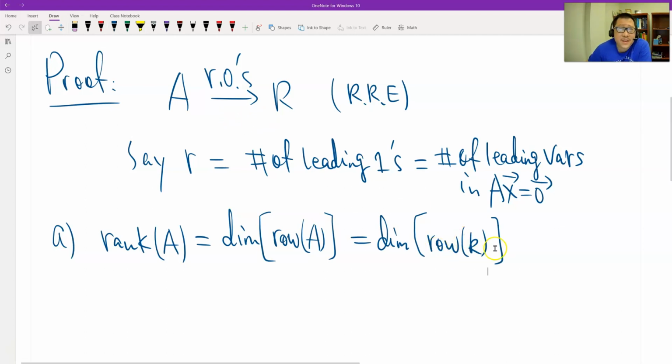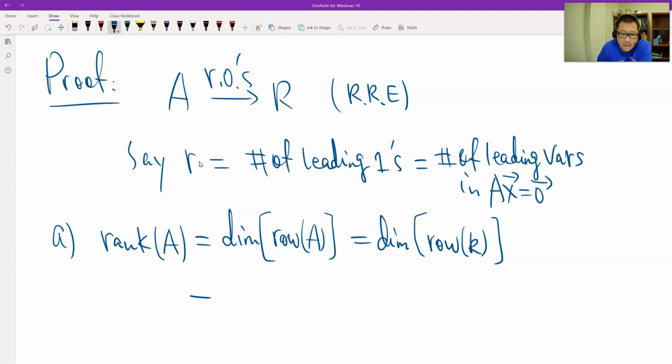Now what is the dimension of the row space of R? It depends on how many leading ones. We have a result before: the rows including leading ones form a basis for the row space. Now we have r leading ones, therefore r vectors in the basis, so the dimension should be r.